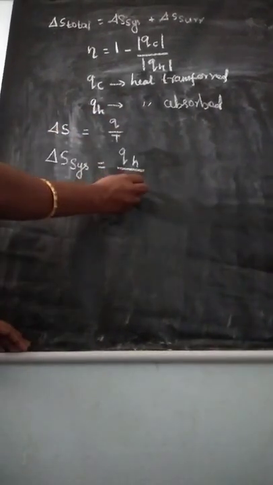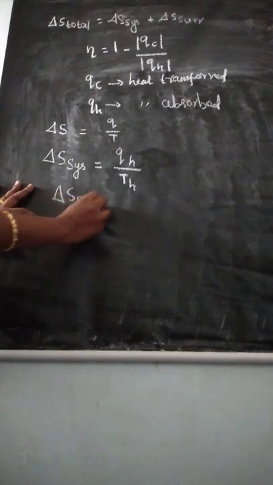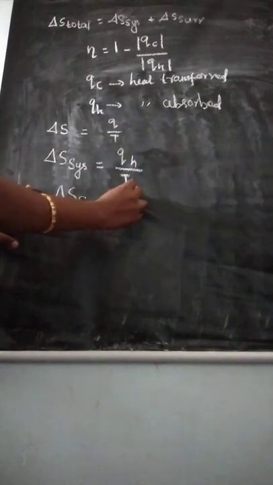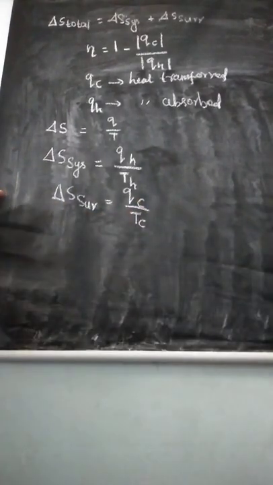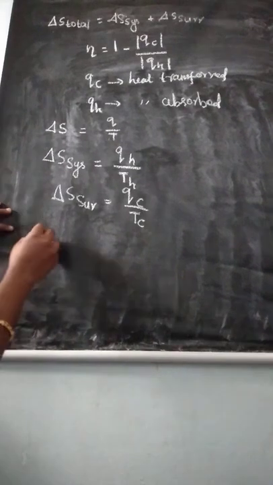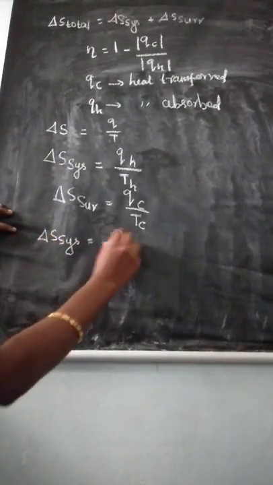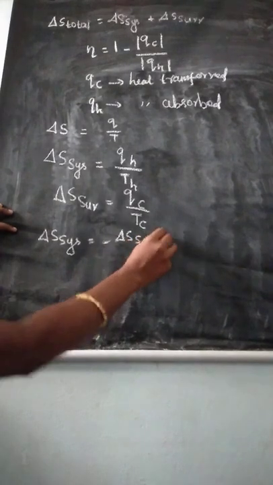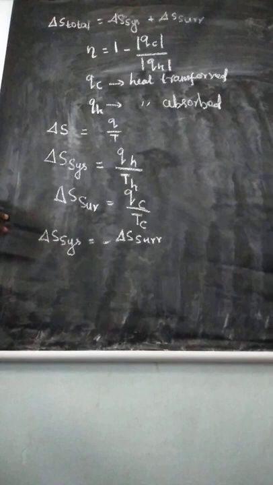In the same way, delta S surroundings is the heat transported, so we write QC divided by TC. We know delta S system is equal to minus delta S surroundings.